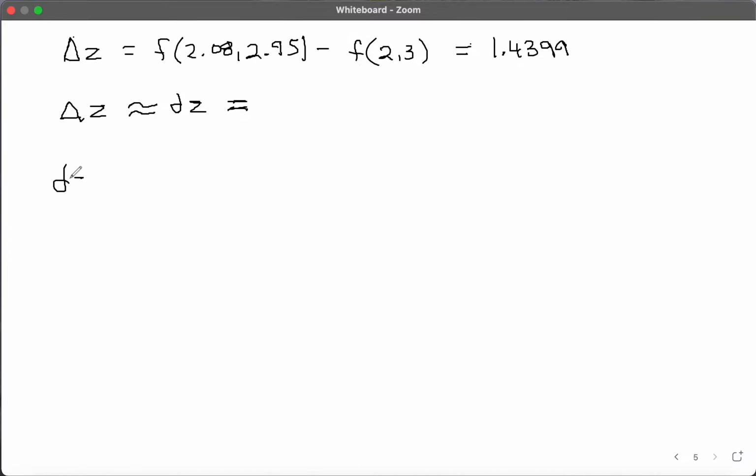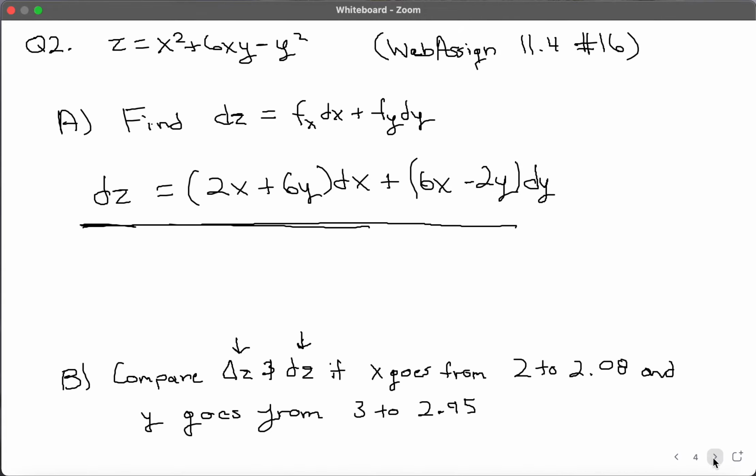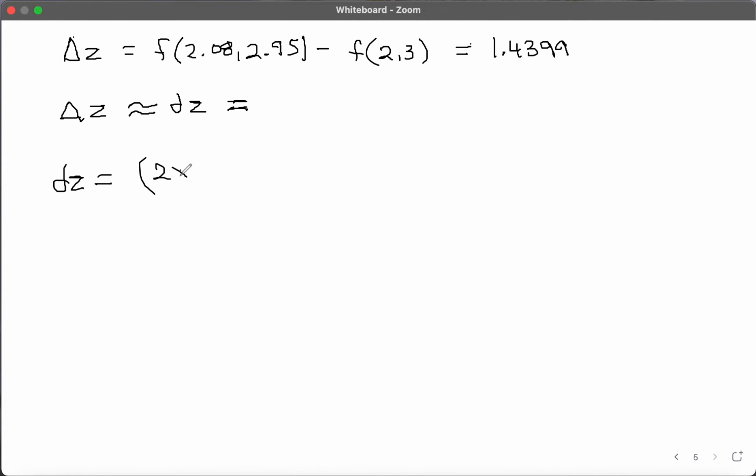So we know dz equals, let me go ahead and check. 2x plus 6y dx, and then plus, we said, 6x minus 2y times dy. Cool. So first let's find, on the side here real quick, dx.